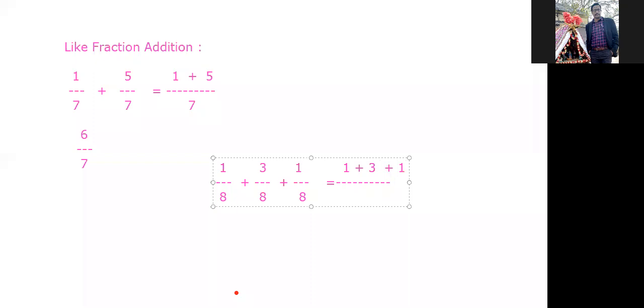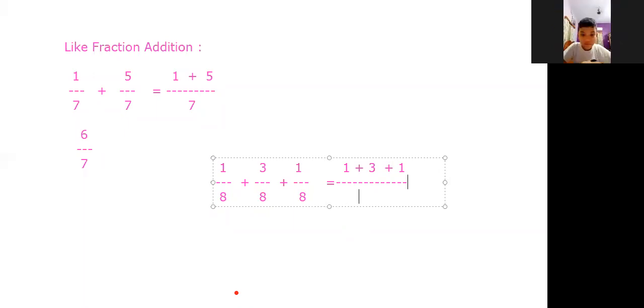So here we go. And then let me move this one. Okay. Now here we get the denominator as 8. So the result is coming as 5 by 8.